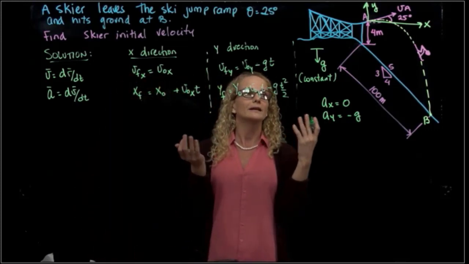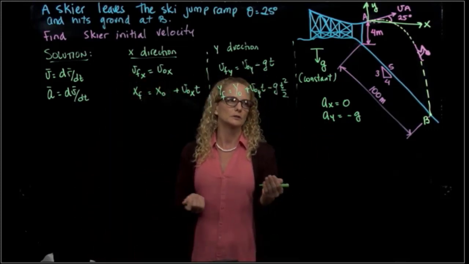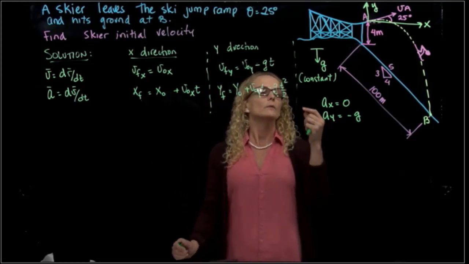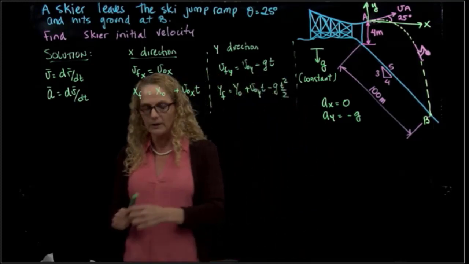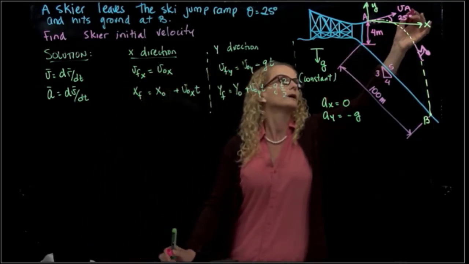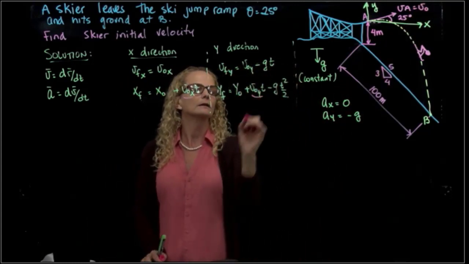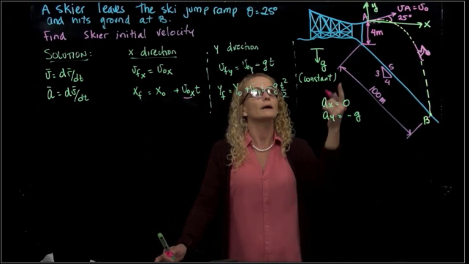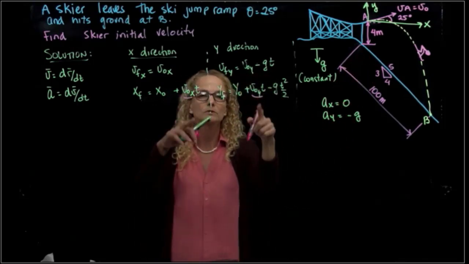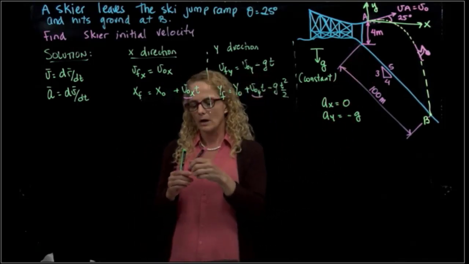So what are we given, and how can we use these expressions? We want to find the initial velocity. That's what we are asked. So we want to find the initial velocity in x and y, but we have the direction, so those two variables are related. How are they related?